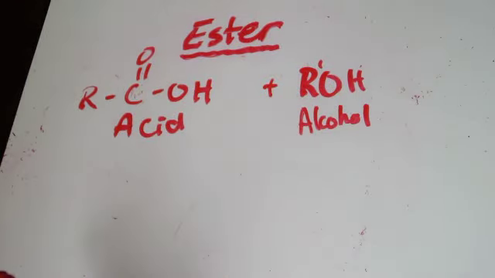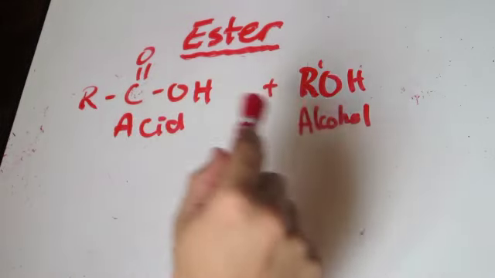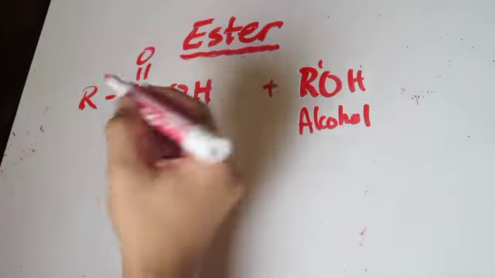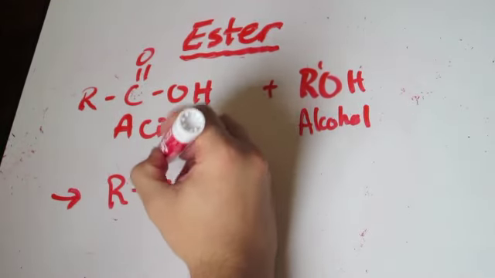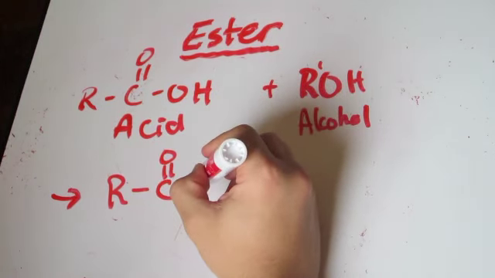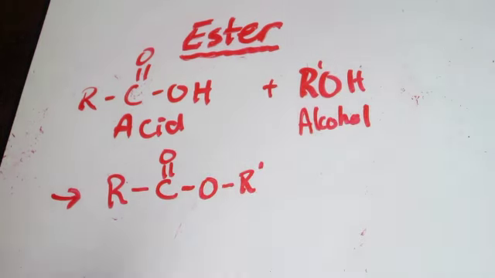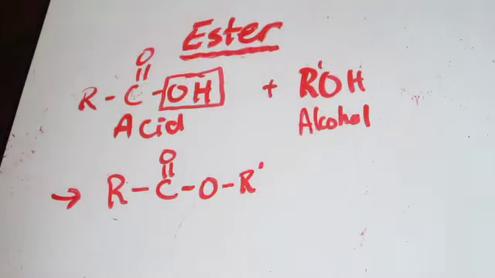Here we have an example of an esterification. We have our two components of an ester, an acid and an alcohol. When an esterification process occurs, we end up with the ester, with the general formula, and also, as we can see, we have the OH group from the acid.